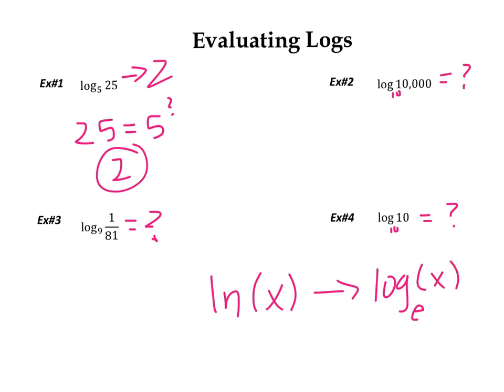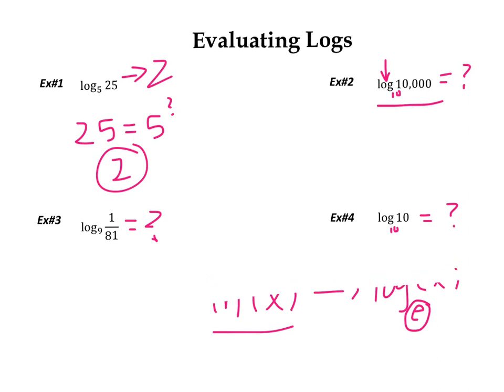Those two are the same. Now, you'll see that in your homework assignment, but this one doesn't have a base, but because it's natural, it's assumed to be e. This one, on the other hand, doesn't have a base, but because it's a regular log, we assume that it's 10. I hope that's not too confusing.